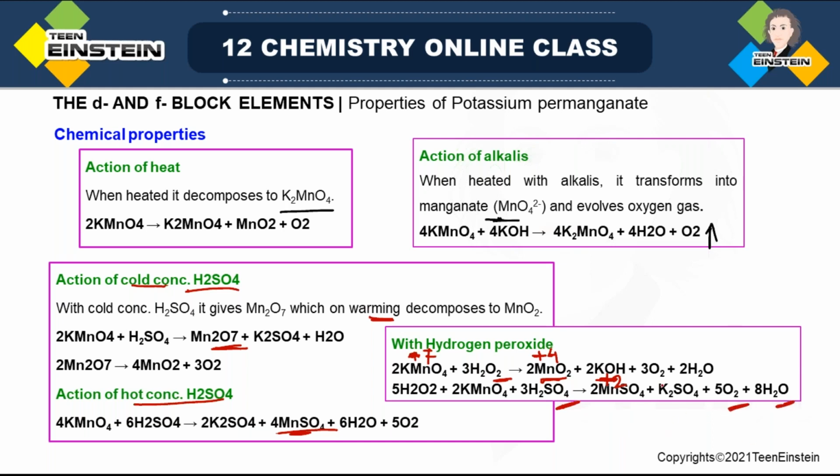Oxygen, water, these two are produced in both cases. But when there is H2SO4, now we are getting MnSO4, where manganese is in +2 oxidation state, and also K2SO4 is produced. So these are different chemical properties: action of heat, action of alkali, then action of acid and hydrogen peroxide.